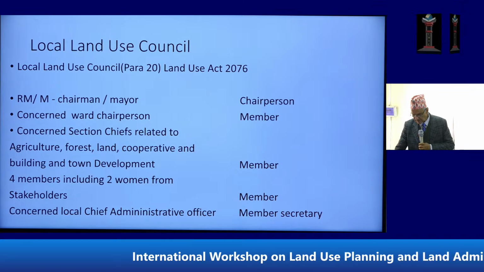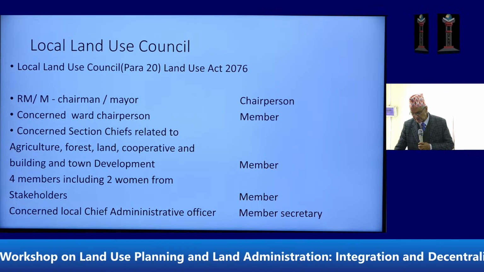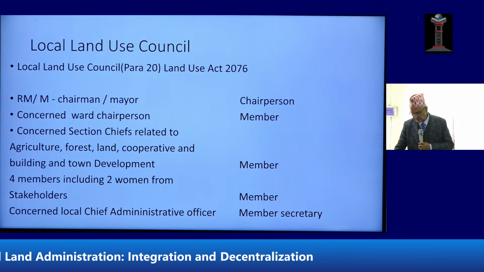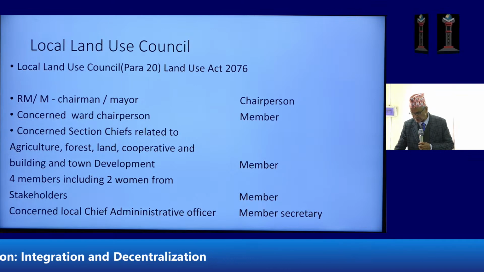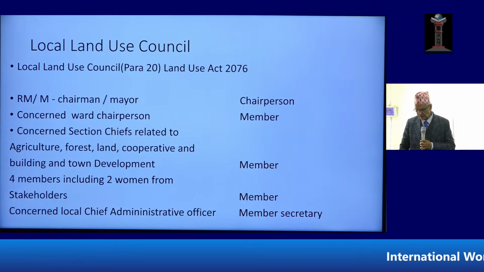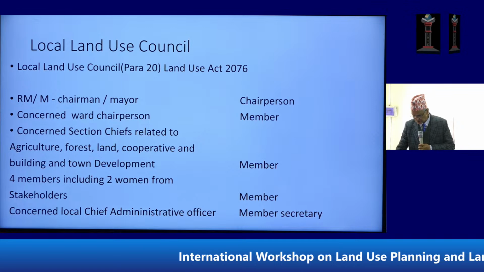The chairman of the rural municipality or the mayor of the municipality is the chairperson, the concerned ward chairperson is a member, and the concerned section chief of the related area, and so on.